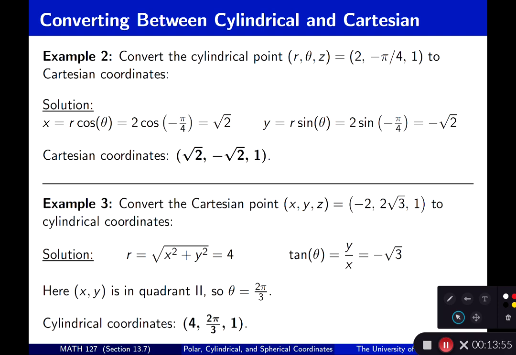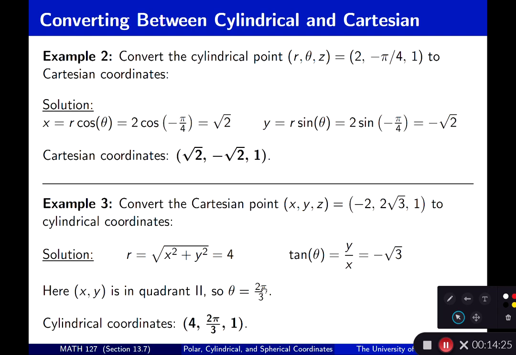To find theta itself, you have to know a little bit more. I know that x is a negative value. By using arctan, I find negative pi third.